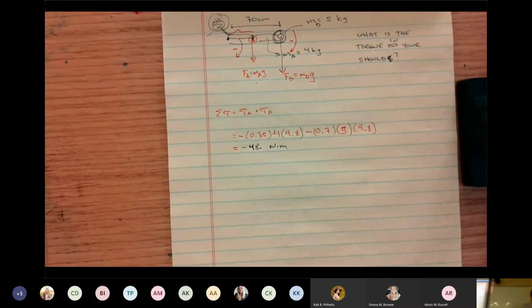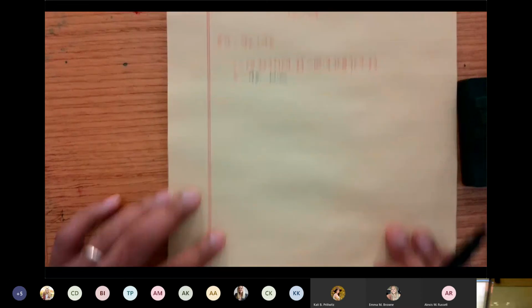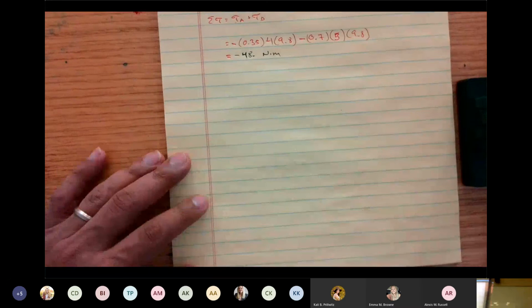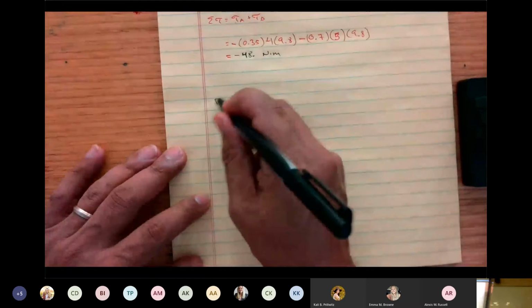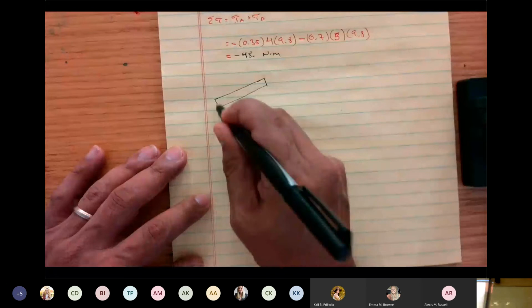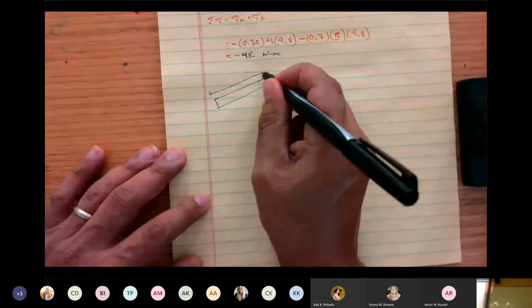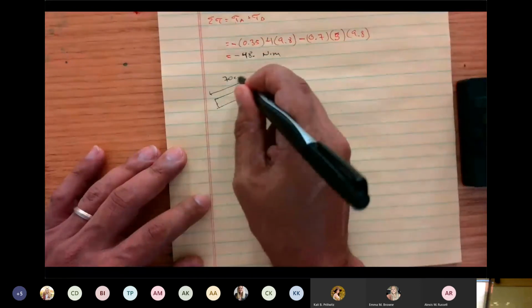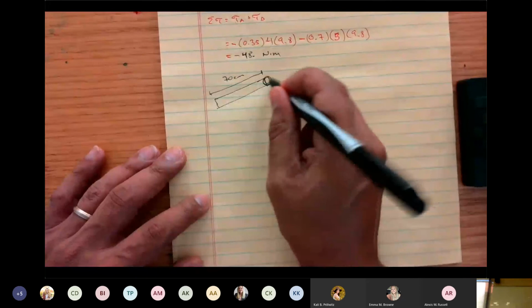Okay, so now, same arm. We have our arm, 70 centimeters, with the dumbbell at the end.